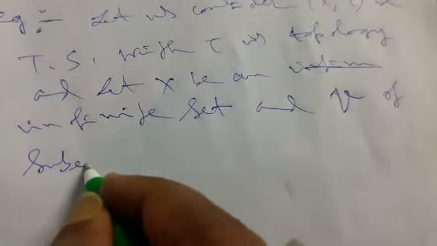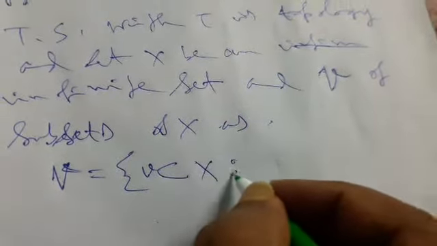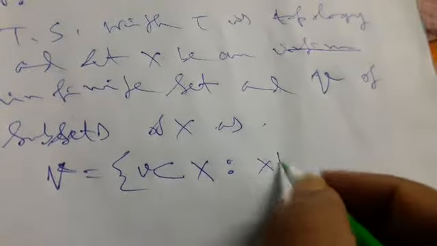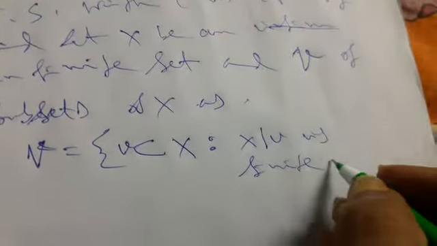Consider elements V, subsets of X, in such a way that V is an improper subset of X such that X minus V is finite, and it may be empty.